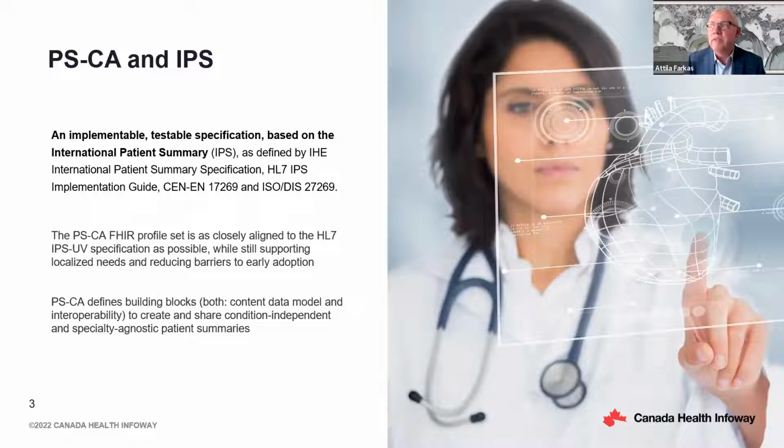But then it became a very successful approach to this type of summary sharing, and ISO picked it up, and then HL7 International, IHE, and several other organizations got involved through the Joint Initiative Council, which is also an international table that brings together the SDOs.